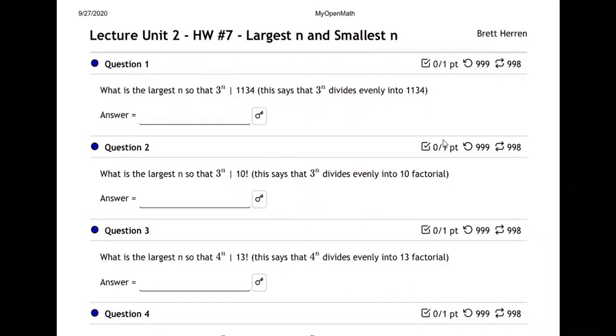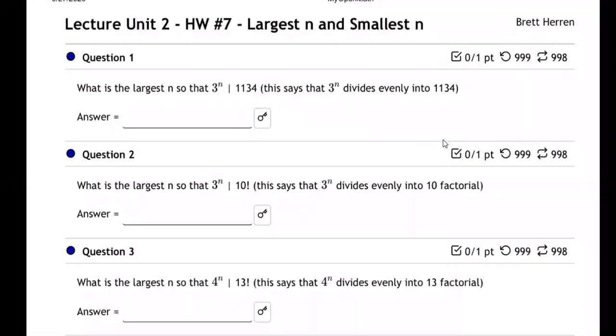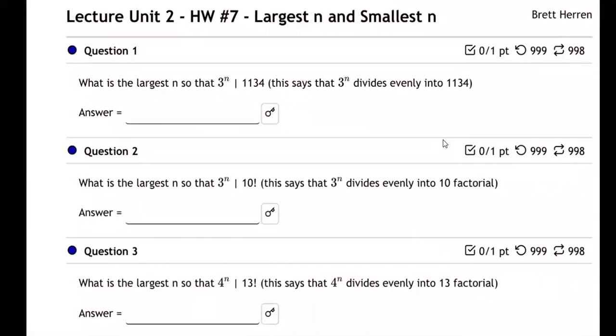So how are we going to answer that question? Well, basically, we're going to need to see how many 3's are in 1134. I think you know from the last assignment. So let's take that 1134 and start breaking it down. So what's in 1134?